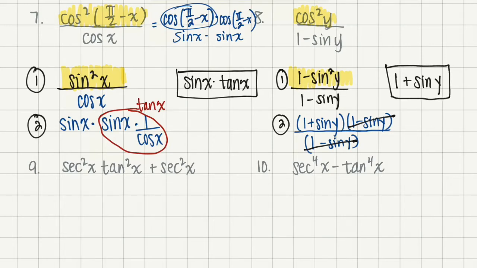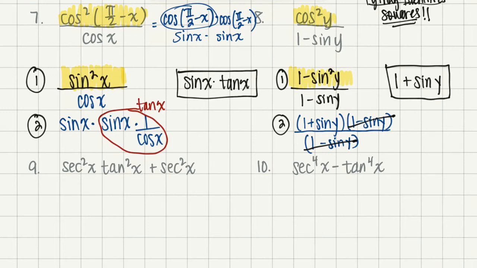Now 1 plus the sine of y is not cosine because we don't have the squared. Remember, they're called Pythagorean identities, and Pythagorean identities have squares. Okay, they have squares. If you have questions on that, definitely ask.